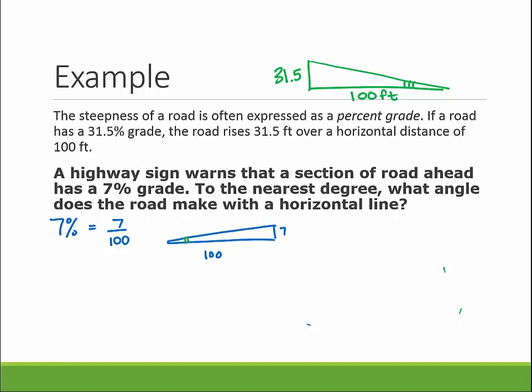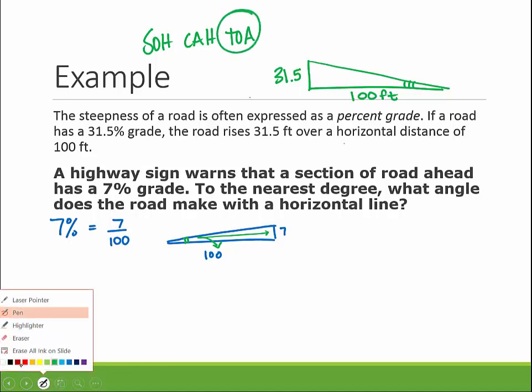So because we want to find this angle, we need to use inverse trig functions. We have to look at what we are given. We are given the opposite and the adjacent. So SOHCAHTOA, opposite and adjacent, we're going to be using the inverse trig function tangent.